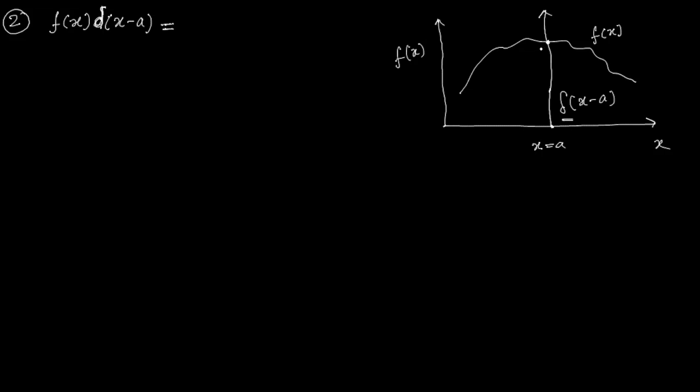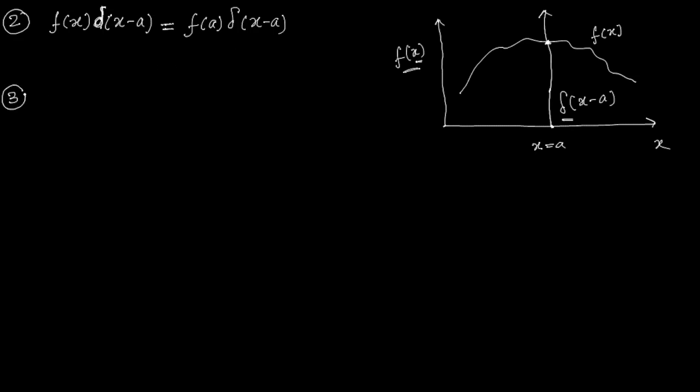So what will be the value of this product at x equals a? At x equals a, we get a particular value of this function, so we can replace x in this function by a, times the Dirac delta function. So this will give us f of a into delta x minus a.